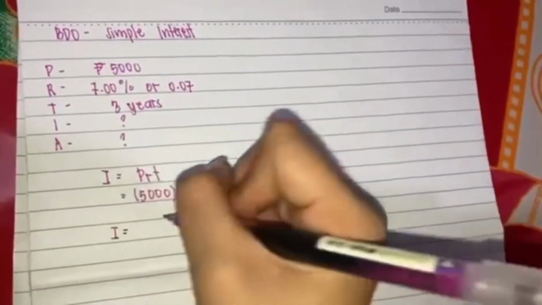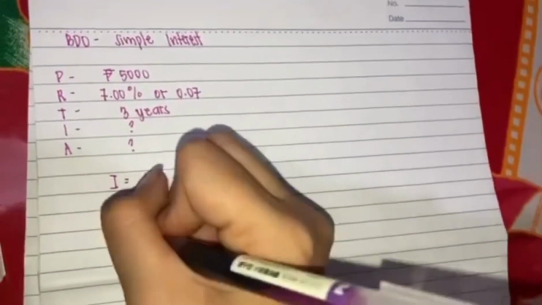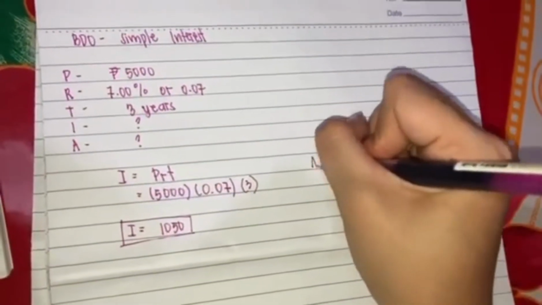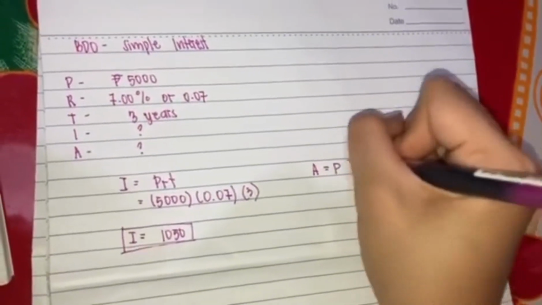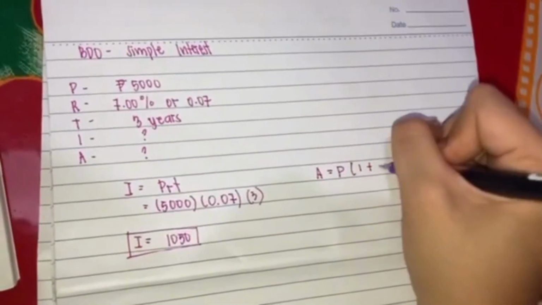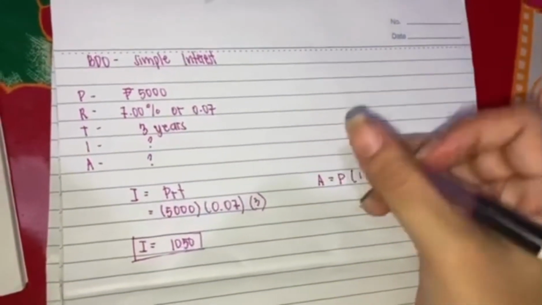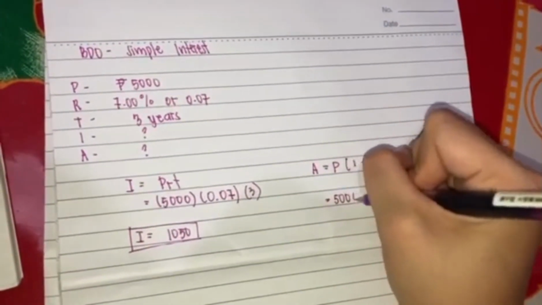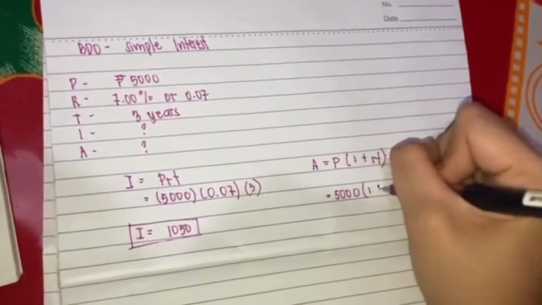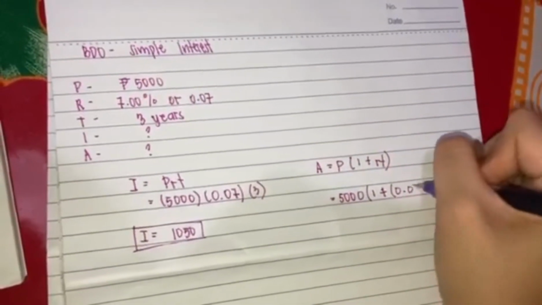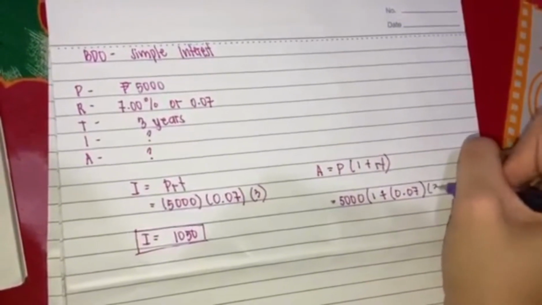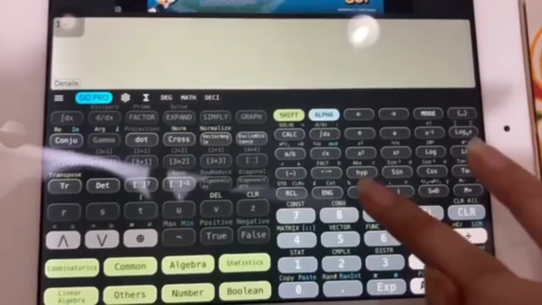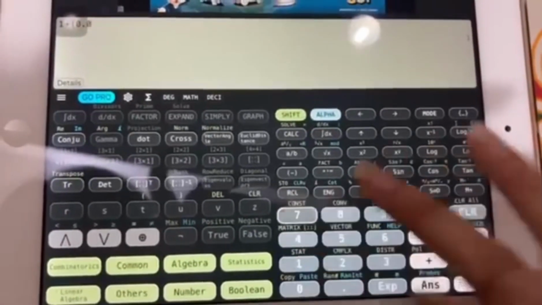So the amount is 1,050. After that, let us solve for the total amount of money paid back at the end of the time, which is A equals P times the quantity 1 plus RT. That equals 5,000 times the quantity 1 plus 0.07, times 3. First, let us solve for 1 plus 0.07.